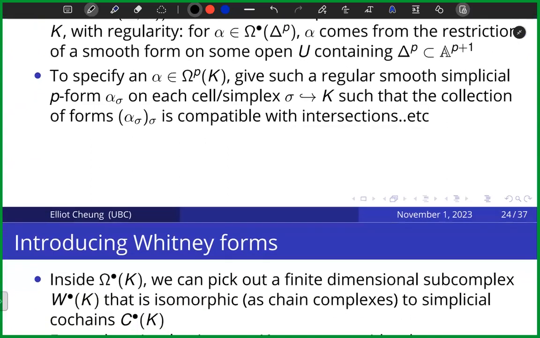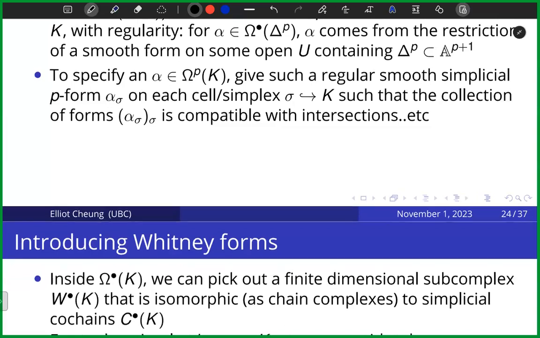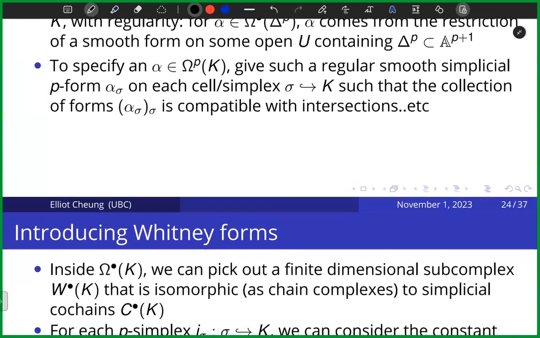So now, inside simplicial differential forms, we can pick out a finite dimensional subcomplex called Whitney forms. As a chain complex, this will be isomorphic to simplicial cochains. And I'll explain how this works.